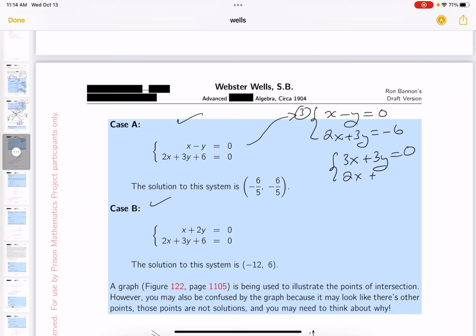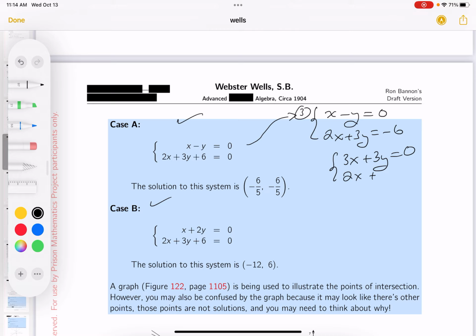I got to get my eraser out. So 2x minus 3y equals 0, and the bottom is 2x plus 3y is equal to minus 6. Add them together. What do you get? 5x equals minus 6, or x equals minus 6/5.